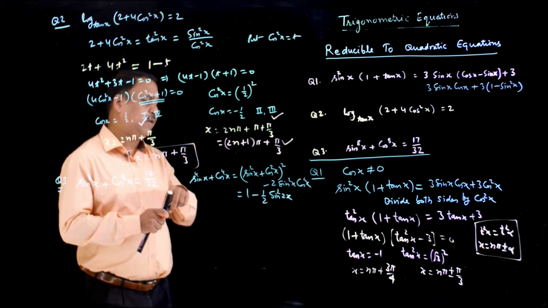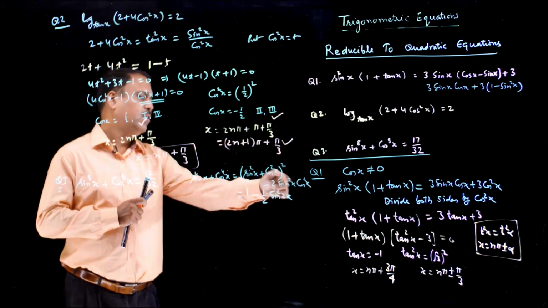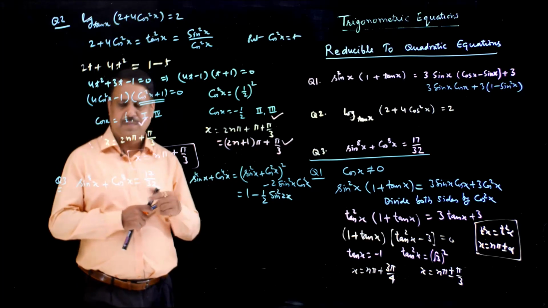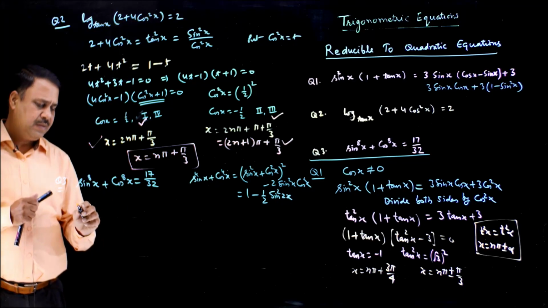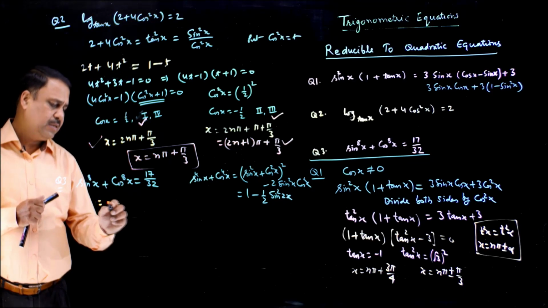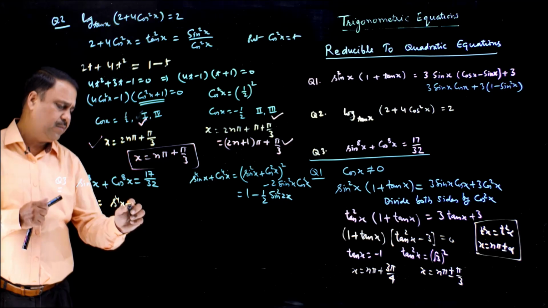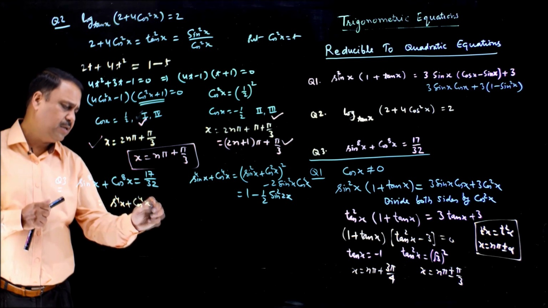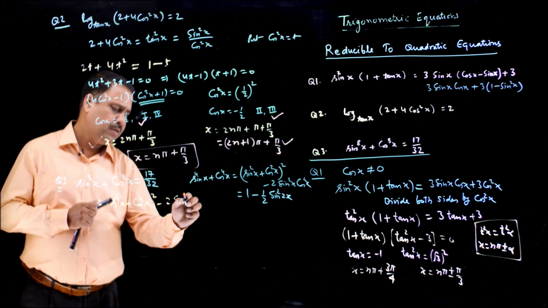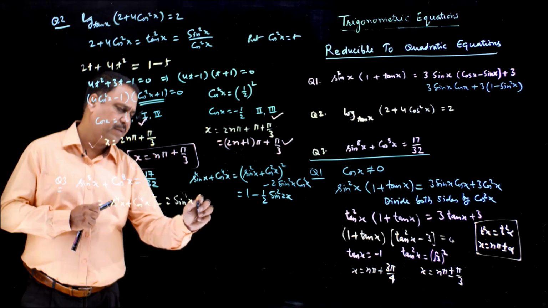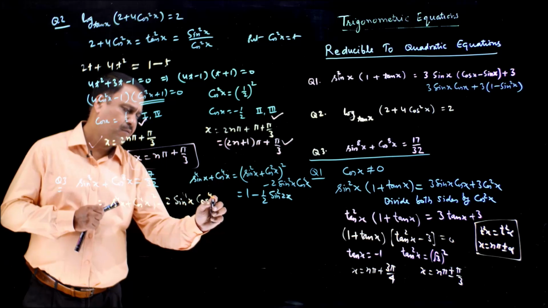Dividing by 2, multiplying by 2, so it will become 4 times (2 sine x cos x) whole square. Now this can be written as (sin 4x plus cos 4x) whole square minus 2 sin 4x cos 4x.